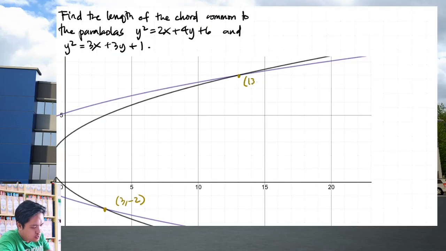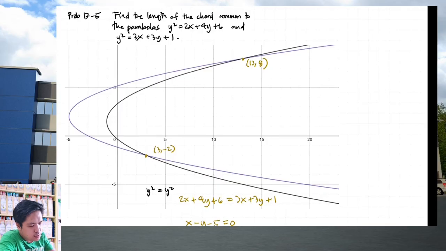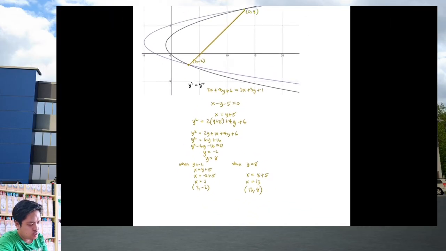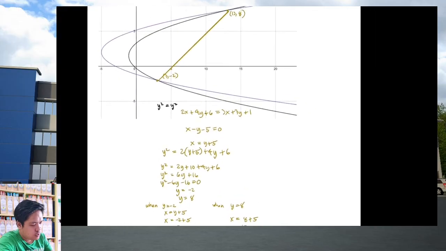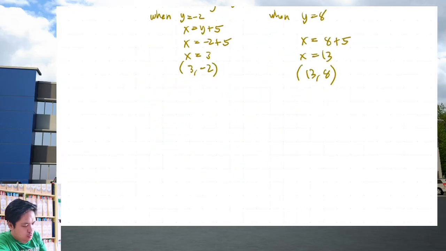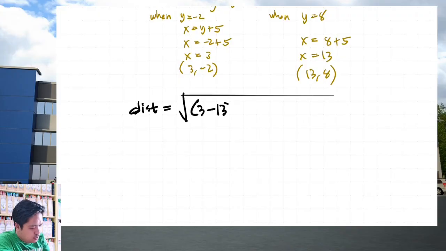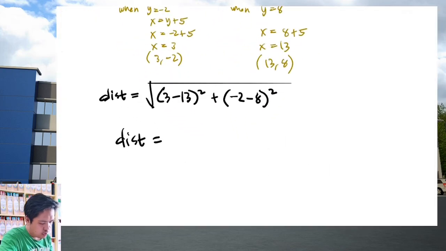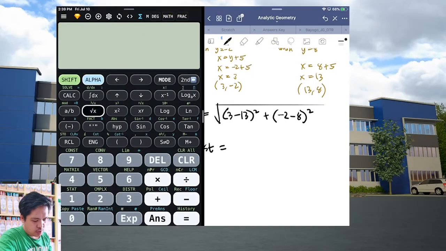This is (13, 8). So to get the distance from (3, -2) to (13, 8), we'll just use the distance formula. Dito ko na lang isulat. Okay, so by distance formula, the distance, or the length of the common chord, is equal to the square root of (3 minus 13) squared plus (negative 2 minus 8) squared.